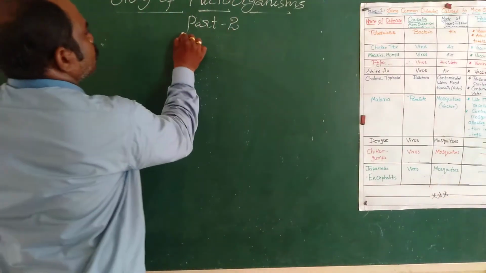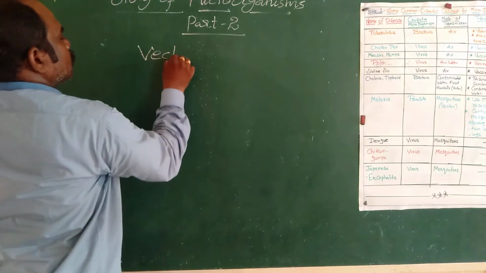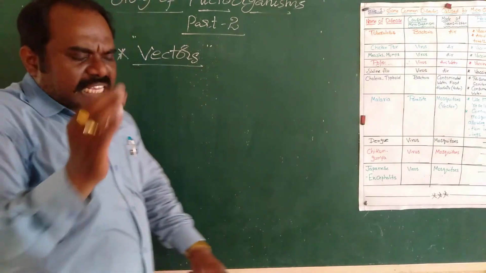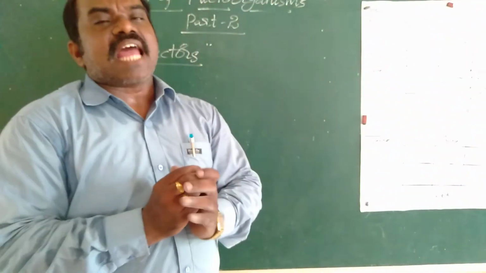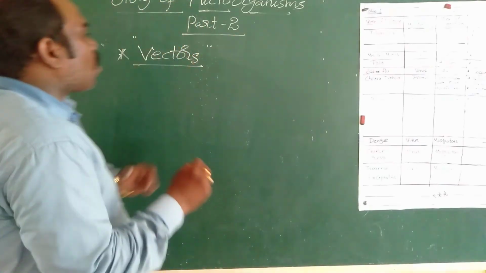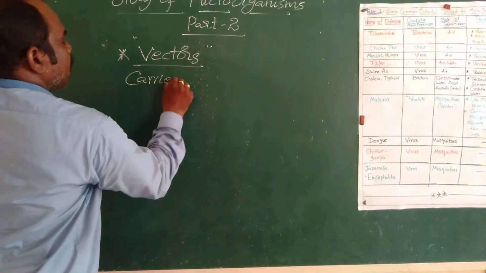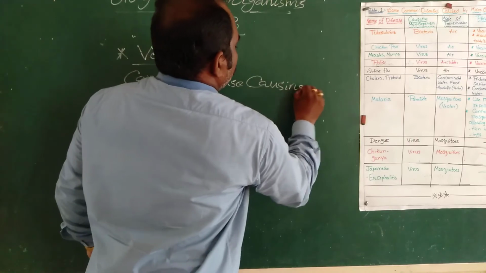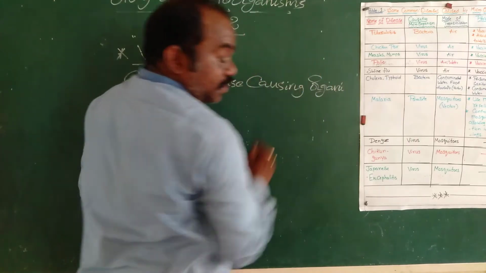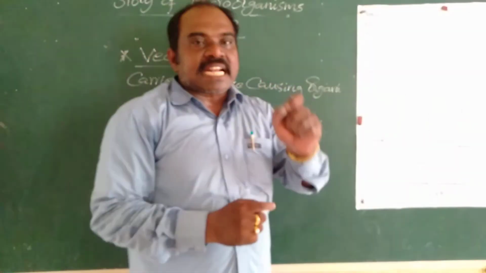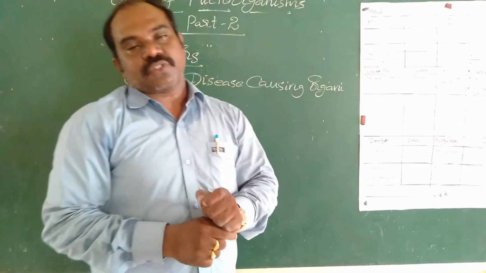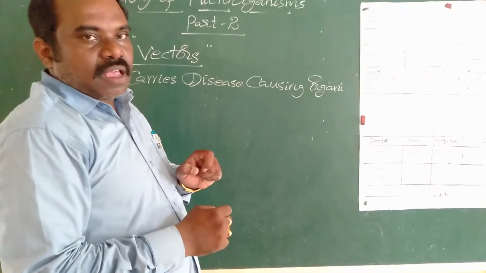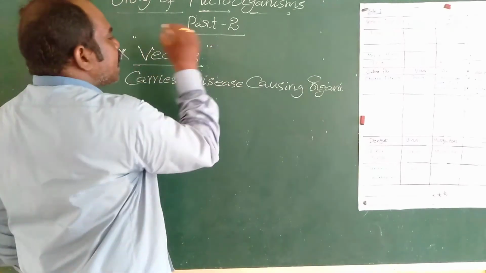Vectors. What are vectors? Some insects and animals carry the disease causing organisms. Some insects and animals can act as vectors.